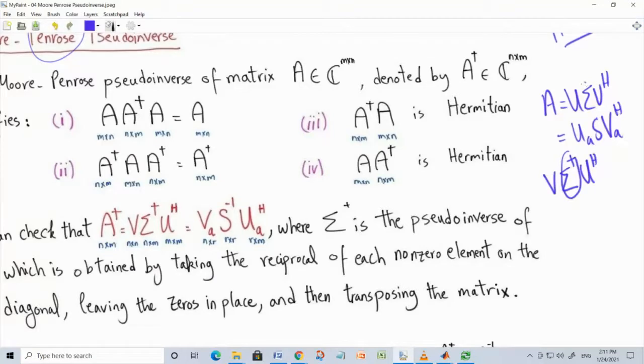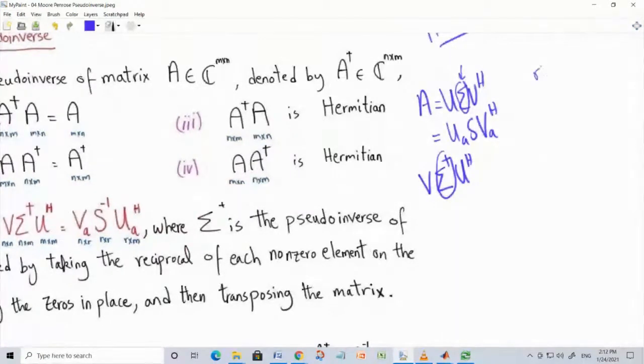And what is this matrix? You take matrix sigma, big sigma, and you transpose it. Then for the strictly positive elements in matrix sigma, you replace each element by its reciprocal. Suppose that sigma looks like this, sigma 1, sigma 2.